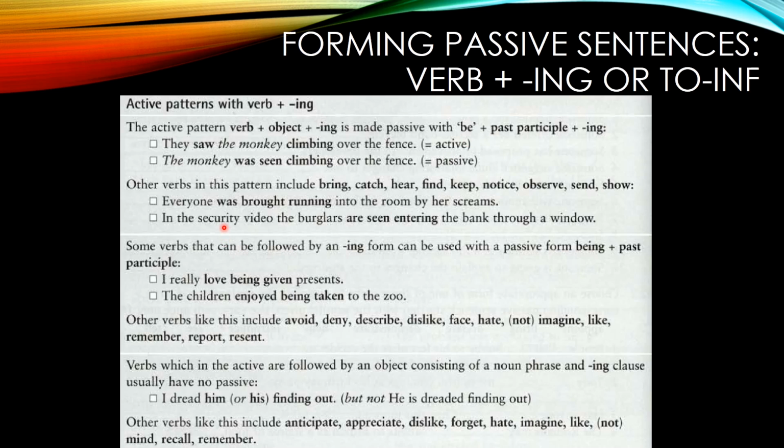Some verbs that can be followed by an ing form can be used with the passive form being plus past participle. I really love being given presents. That means that I really love when people give me presents.